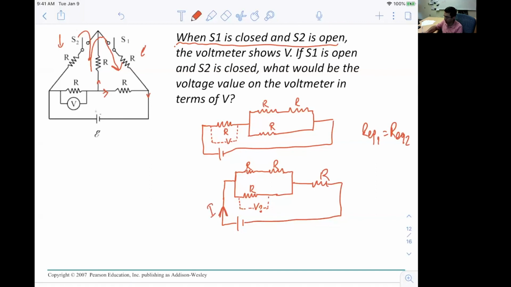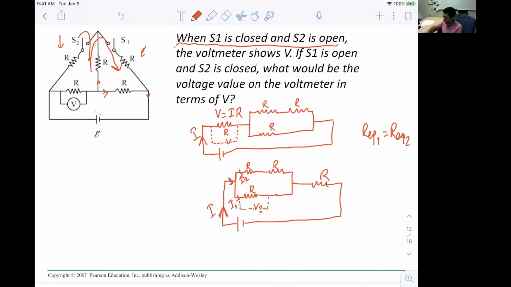Okay, if you have I in the main currents, then the potential at the beginning is going to be I times R. For the second one, now we need to figure out how they are going to split this I. Let's say you have I2 and I1. I1 plus I2 equals I, the main current, right?